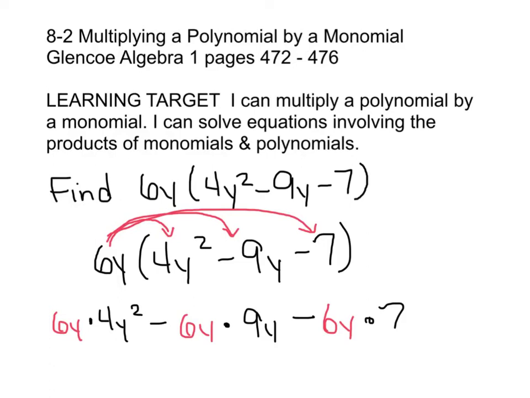You can show your work that way, or you can go straight to your answer, which is the way I'm going to show you. Be a little bit more time saving.